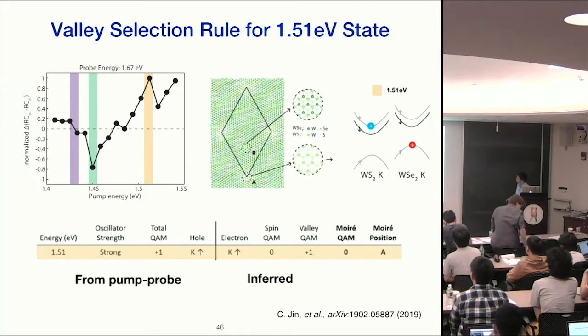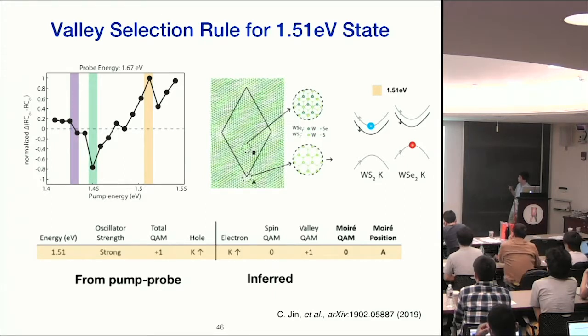So it will be an allowed transition in both spin and valley. By looking at the incident circularly polarized light, we know the total quasi-angular momentum. And from the induced change in the circular polarization, we can know the spin order of the holes, or which valley the holes are in. So these are the things that we can determine from the experiment.